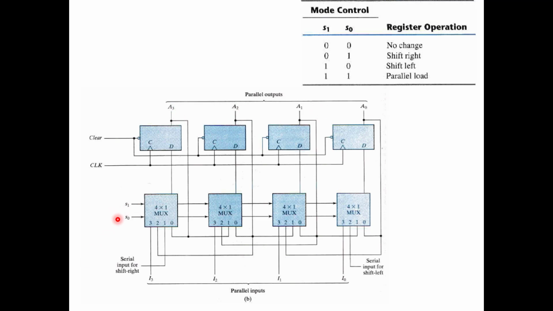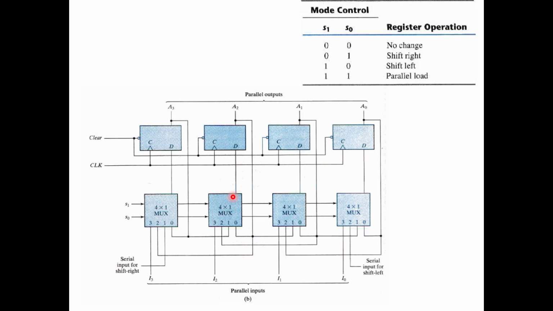When you give both 0 0 here, whatever 0 is here comes here, and the 0 is again applied to the D flip-flop, and again comes here. So your A3 is not going to change. Whatever A3 is, it will be in the same state. Similarly, when both are 0 0 and this 0 is activated, whatever A2 output comes here is given to this D input, and again it goes here.